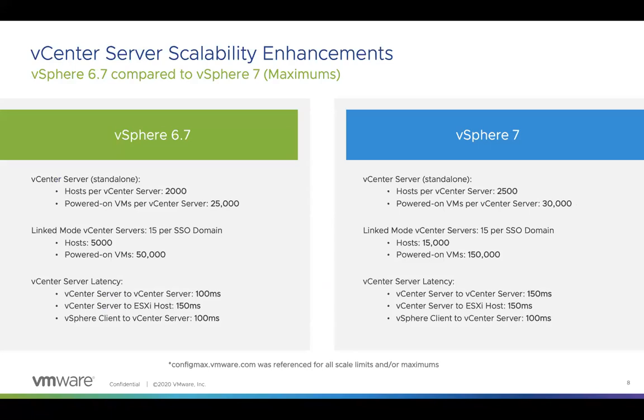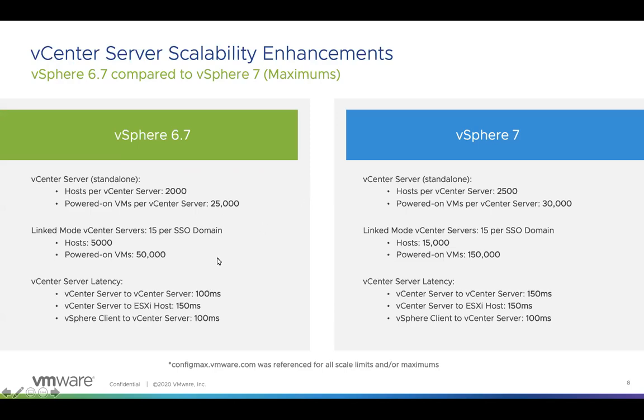On the scalability aspects also, since we are talking about 7.0 as such a major release, we looked at scalability too. Customers want to manage more and more hosts and more and more VMs with a single vCenter or with linked vCenters, so we totally relooked at the entire limits. Per vCenter Server in standalone mode, there is almost a 25% increase in limits compared to the previous release.